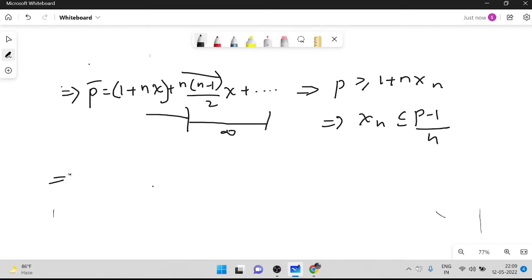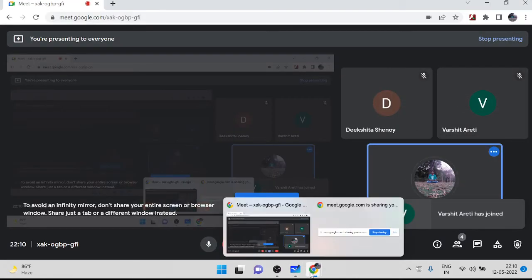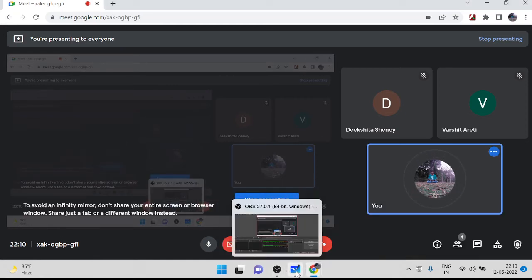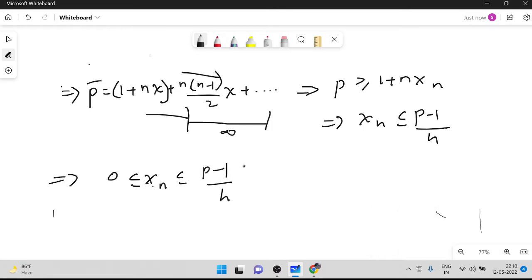So now we have a sequence 0 less than or equal to xn less than or equal to p minus 1 by n. Yesterday we showed that some constant times 1 by n goes to 0, and this is 0 as n tends to infinity.